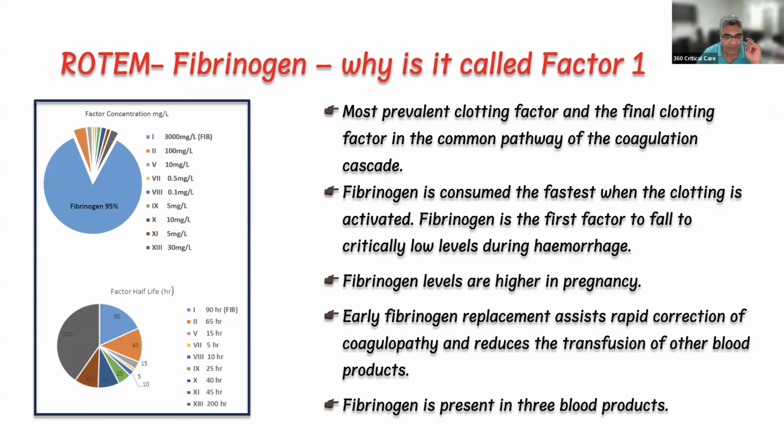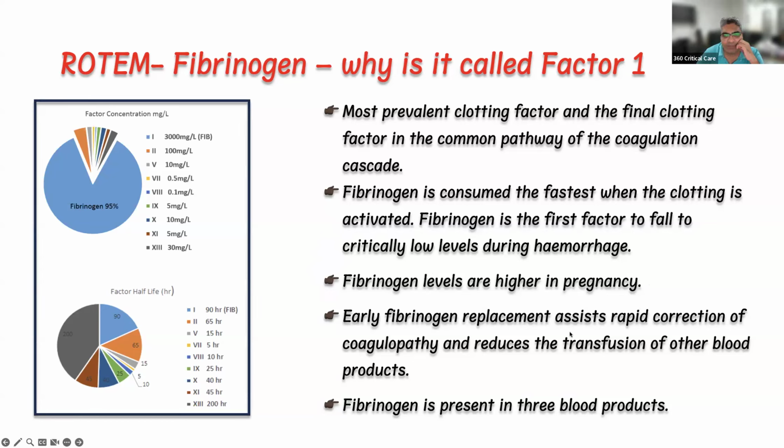So fibrinogen is the first factor to become critically low in a patient who is bleeding or hemorrhaging, because the body uses up the fibrinogen. The fibrinogen levels are usually higher in pregnancy because pregnancy leads to delivery of the baby and there is high chance of bleeding. So as a preventive mechanism from nature, we have a higher fibrinogen. This is the only coagulation factor which is higher in pregnancy.